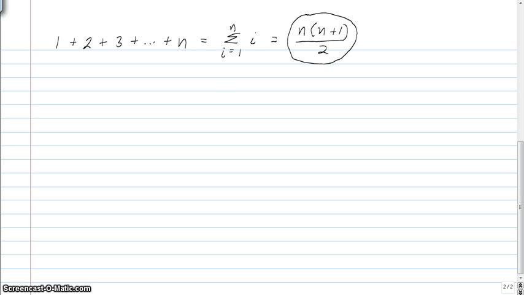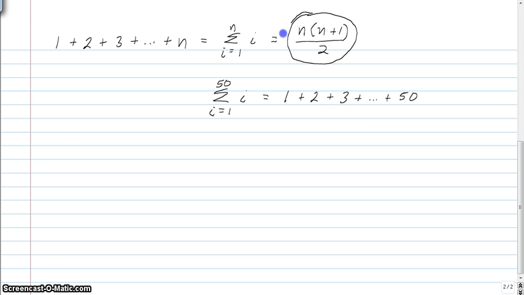So for instance, if you wanted to know the sum of the first, say, 50 positive integers, rather than write this out, we could certainly do it. Write it out: 1 plus 2 plus 3 plus everything up to 50, and we could add 1 plus 2 is 3 plus 3 is 6, and so forth.